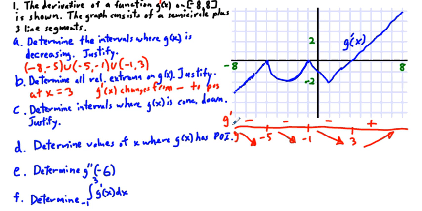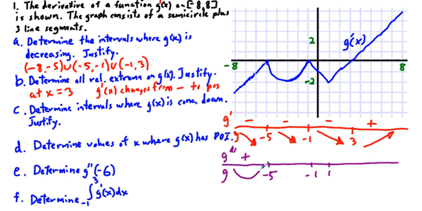Okay, concave down. So for concavity we need another number line analysis, and we have g double prime here and g below. The critical numbers for concavity, possible points of inflection, are -5, -1, and also +1. Here the slope of g prime is increasing, so we say plus, concave up.